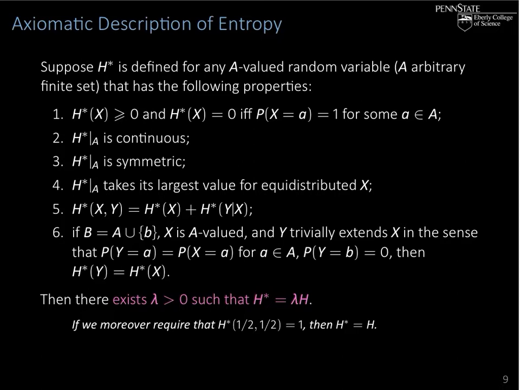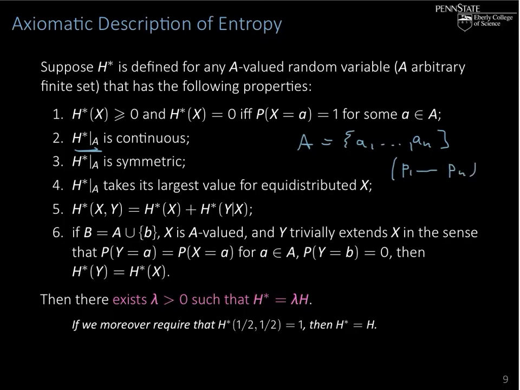Again, this notation means that we fix a. So a is given as some a1 up to an, and then we can restrict H star to all random variables taking values in a, so it becomes a function defined on all probability vectors p1 up to pn.